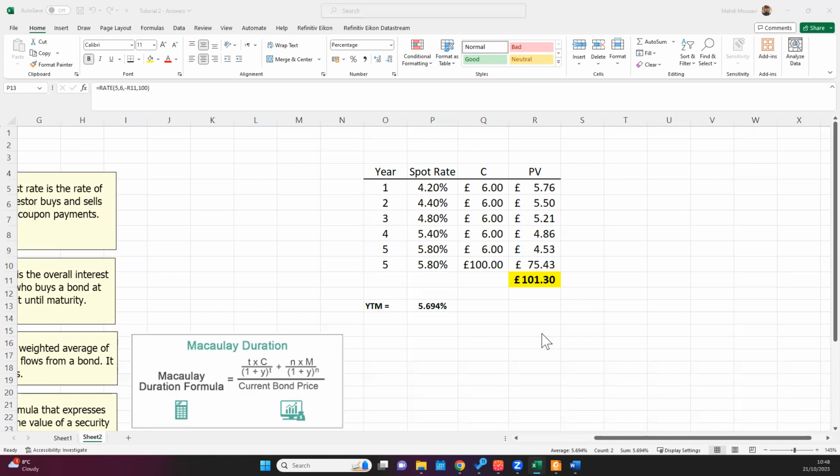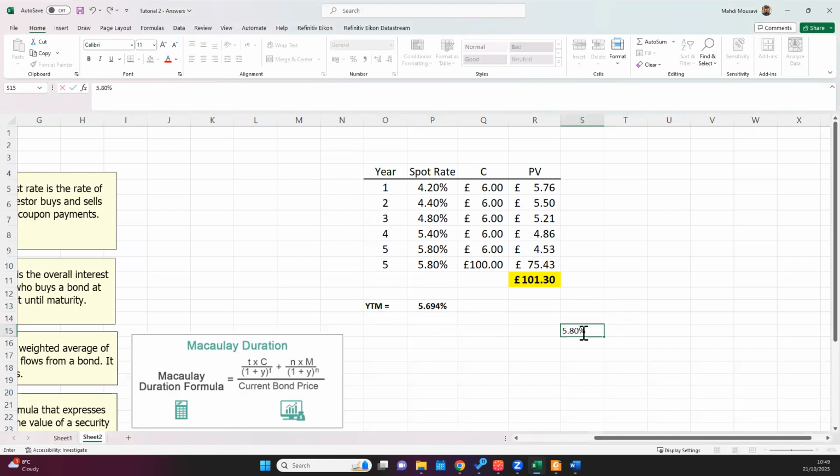So in case we want to use a manual approach to find out yield to maturity, we need to basically use two rates, which makes the price of bond very close to 101, the actual price of the bond. So let's try, for example, the rate 5.80%.